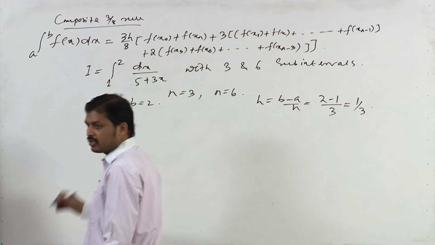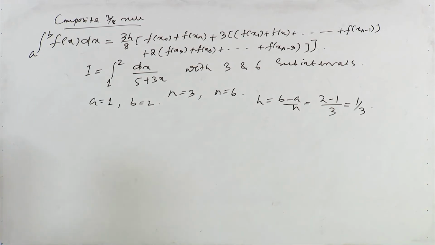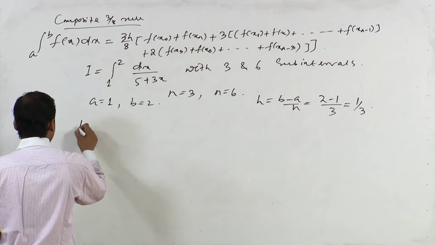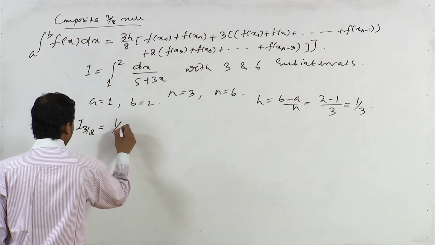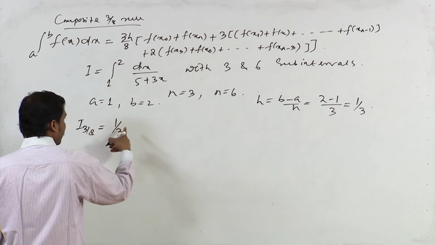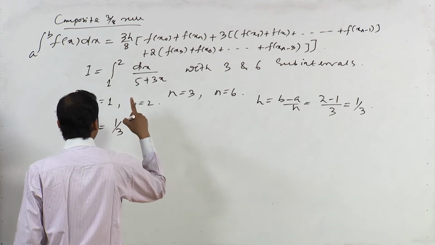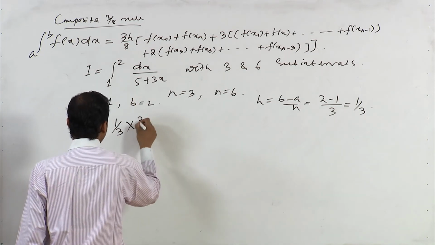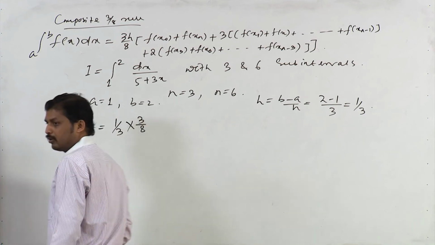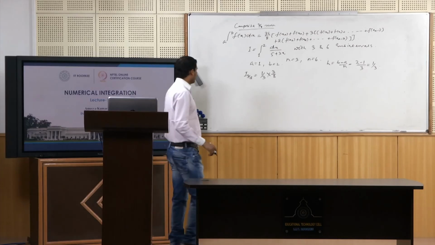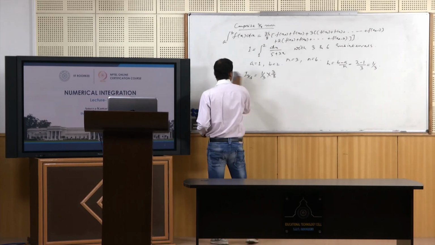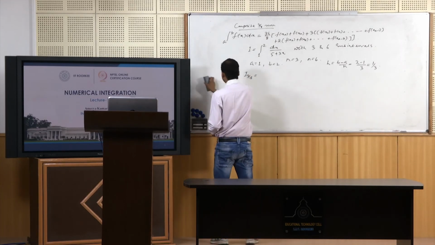Then we can use this formula, the 3 by 8 rule, for this 3 point case. Usually we write 3h by 8, so directly I can write this formula, that will be easy to understand.